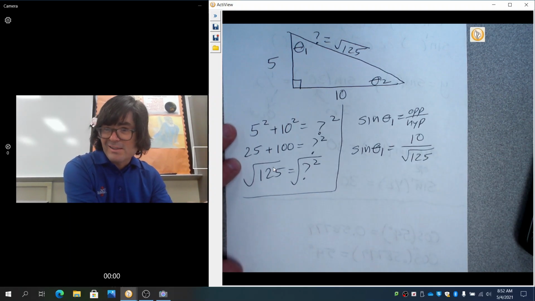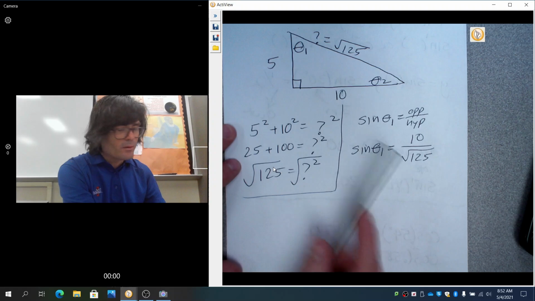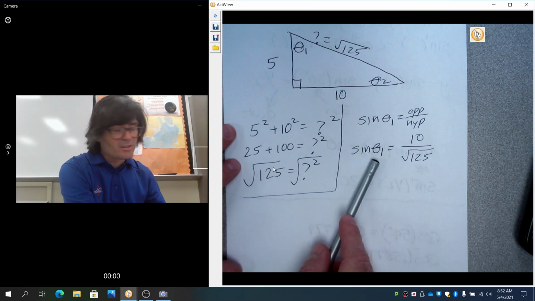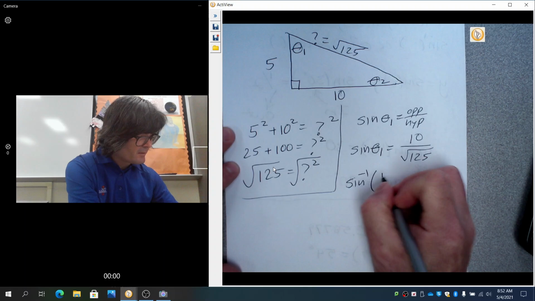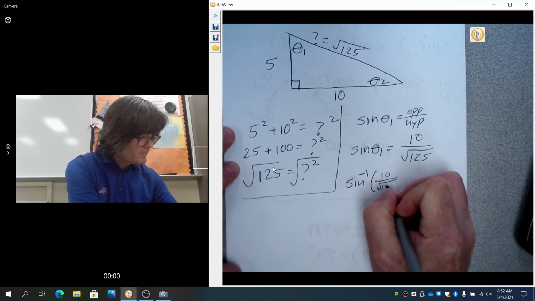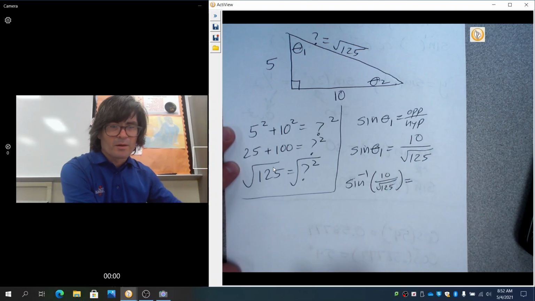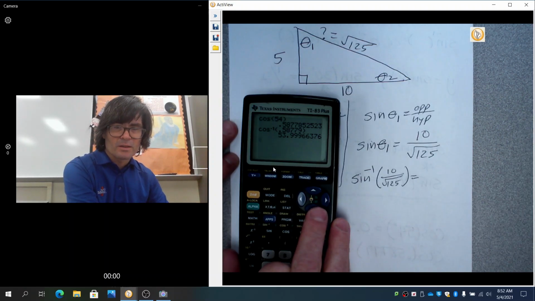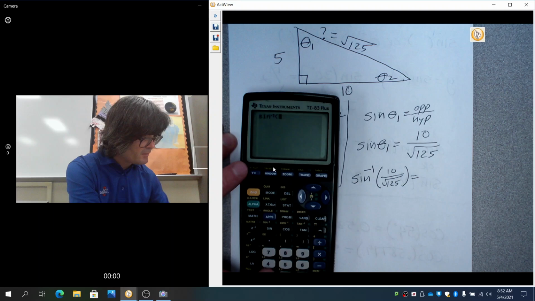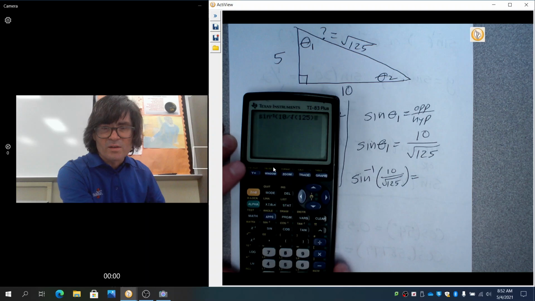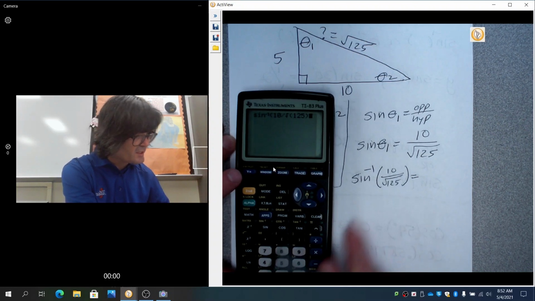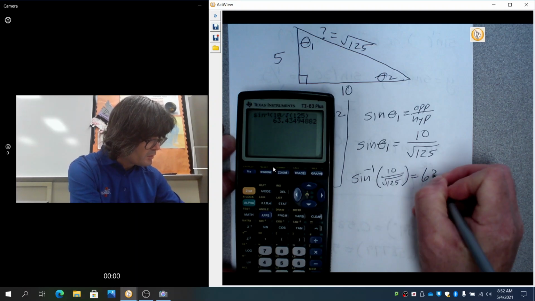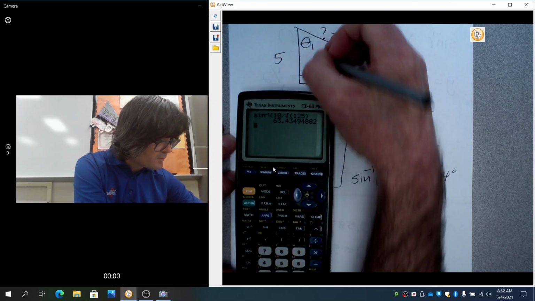So knowing that sine is 10 over square root of 125, I want to know what that angle is. So I'm going to do inverse sine, or you could say arcsine. They mean the exact same thing. And we're going to just hammer that out. Clear. Inverse sine of 10 divided by square root 125. So I just did inverse sine of this, and it's going to spit out my angle. Call that 63.4 degrees.